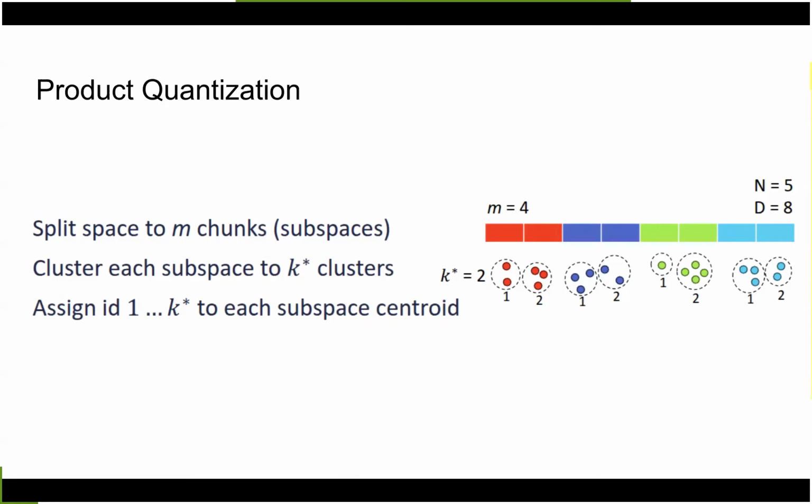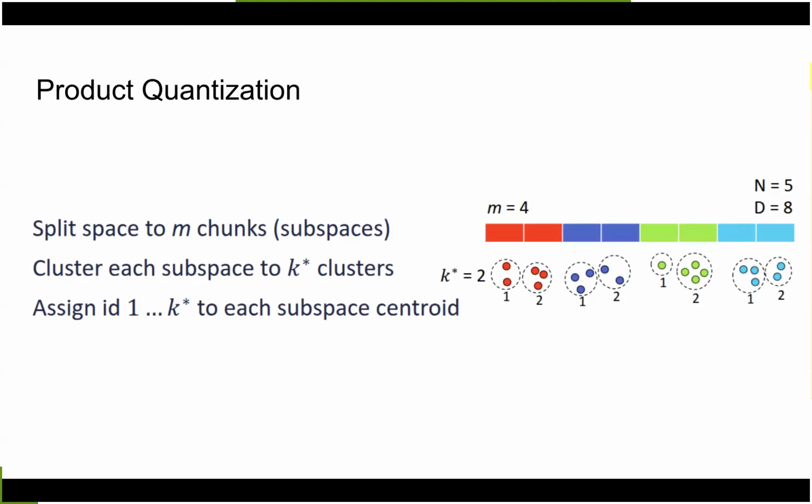Let's say the picture I'm representing here corresponds to one vector. We divide that vector into 4 different segments. If you have a 128-dimensional vector, we divide it into 32-dimensional segments. And for each 32 dimensions, you create its own clusters.